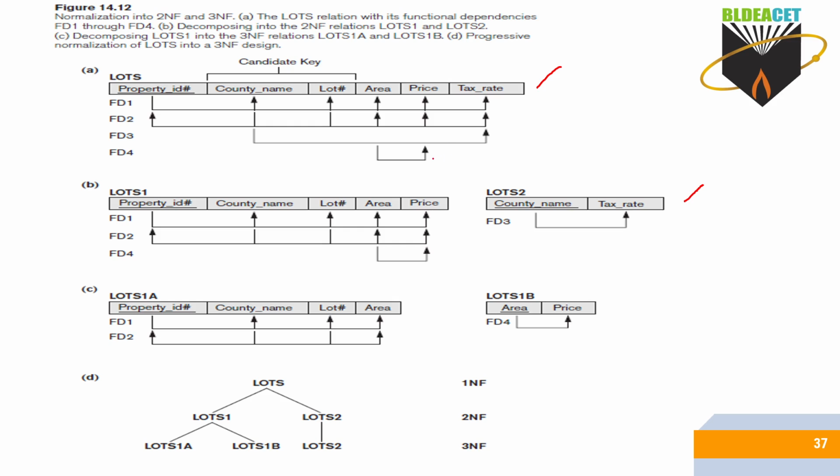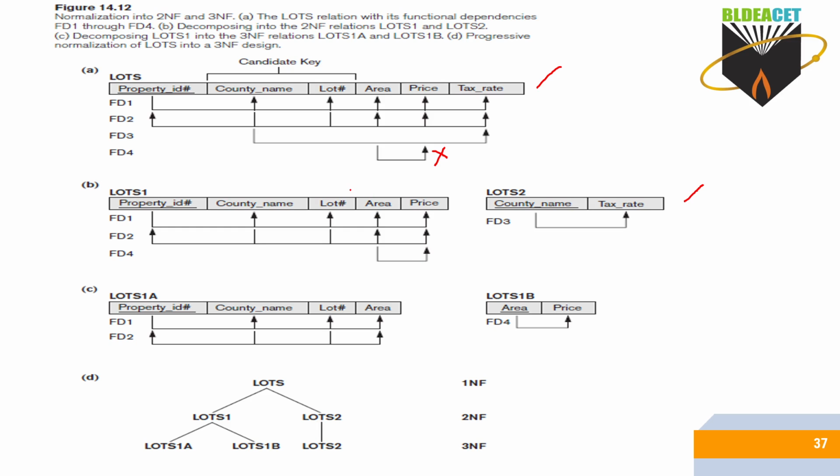So that's why it violates third normal form. You applied the transitive dependency, and area and price are not prime attributes. If it is not a prime attribute, then you can't take the transitive dependency. If it violates, then what is the procedure you have to do?